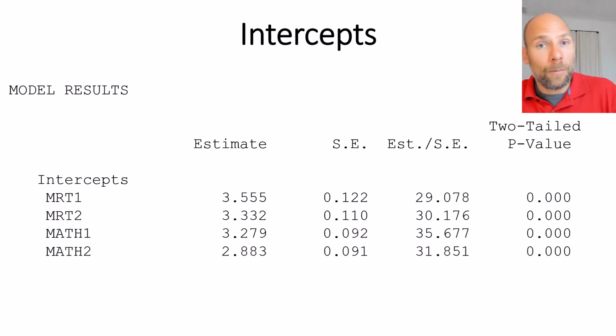One other thing that we get in the output in many programs are intercepts. The intercepts are additive constants in the measurement model, and in a standard cross-sectional CFA model they do not have a super interesting value, because they simply give the observed means, as long as we don't include a latent mean structure.